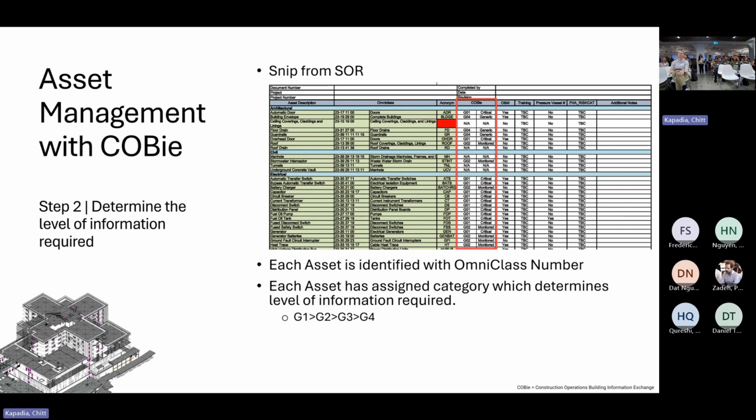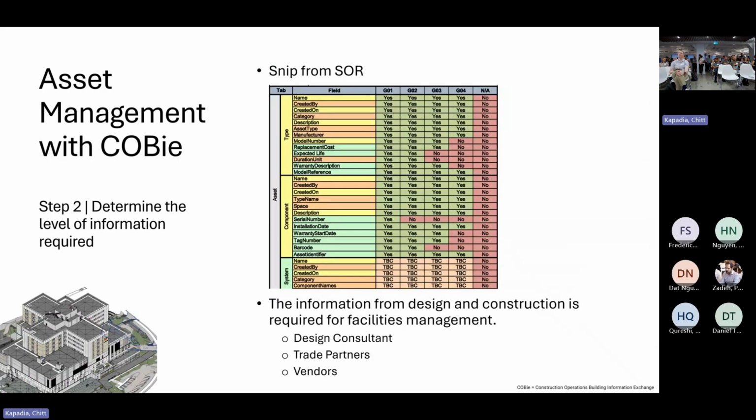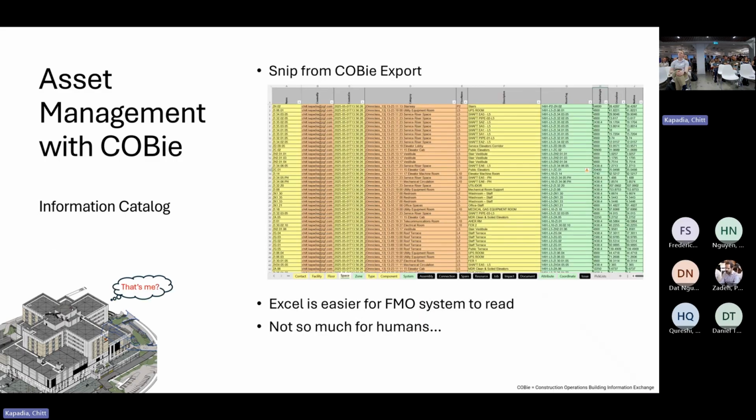So you need to identify different categories. We had 4 categories, G1 being the highest and G4 being the least amount, but still a tracked asset. From there, we came up with this chart: yes, this is what we need, this is what we don't need, going back and forth to identify it. And that's how it is exported.